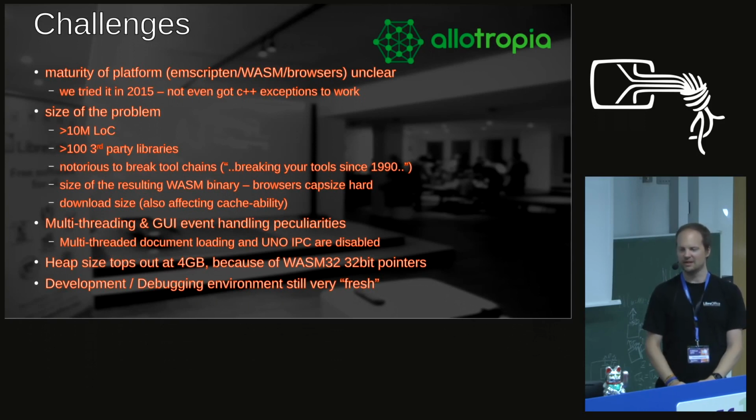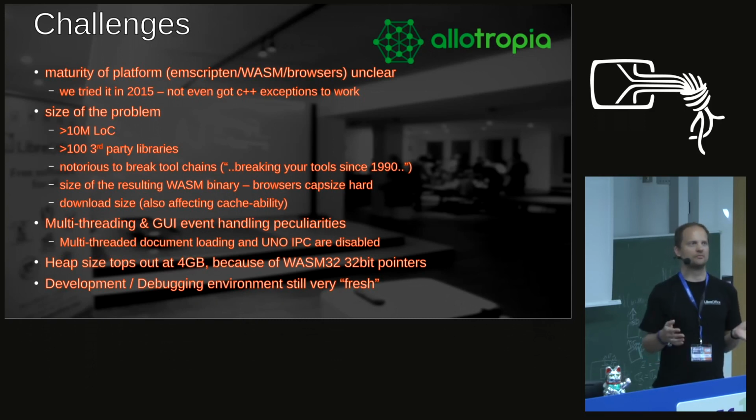Then the size of the binary was something that we were worried about because we knew the size for Android, for example. Of course, we know the size for desktop, which is large, like 400, 500 megs, so we knew it would be too large for the browser.